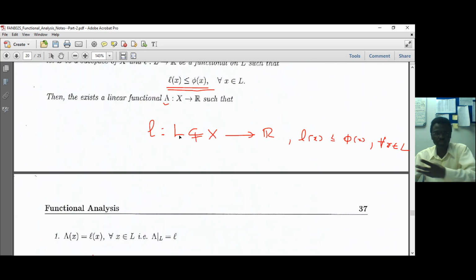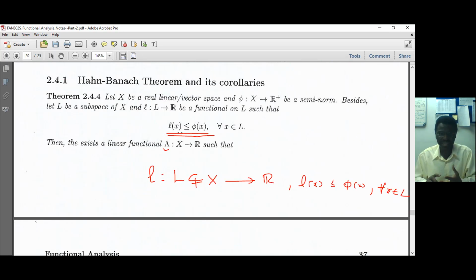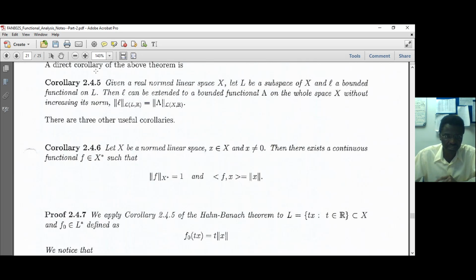So when there will be norms, that's why we call it corollaries. When we bring to the theorem an extra condition, we call that corollaries. And that's what we will be looking at next. So corollary 245, given a real normed linear space capital X. Now you see now it is normed. Now we put a norm in X.